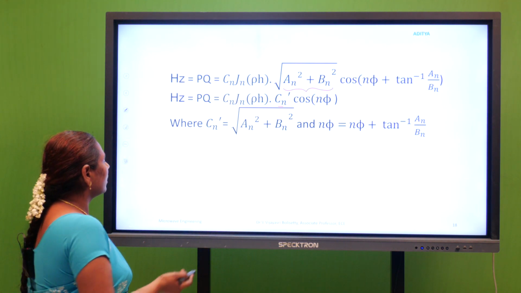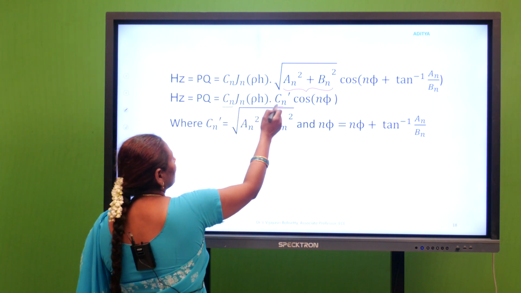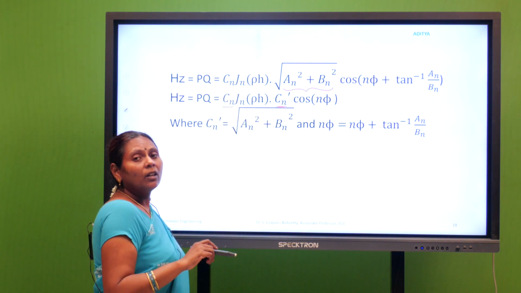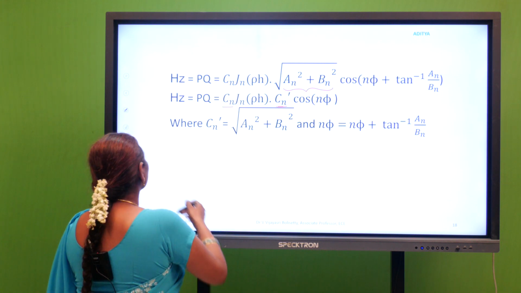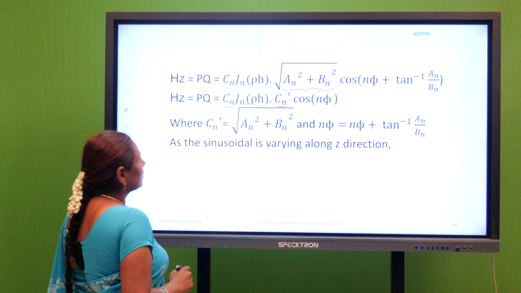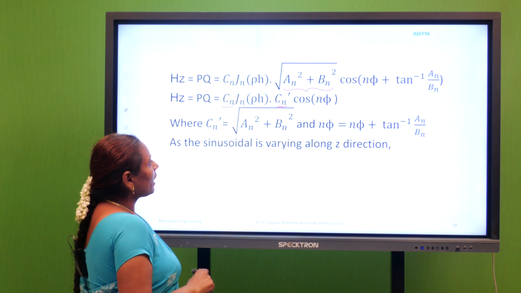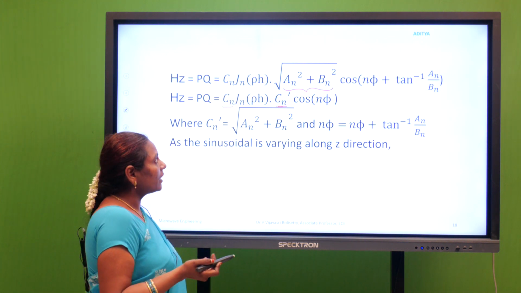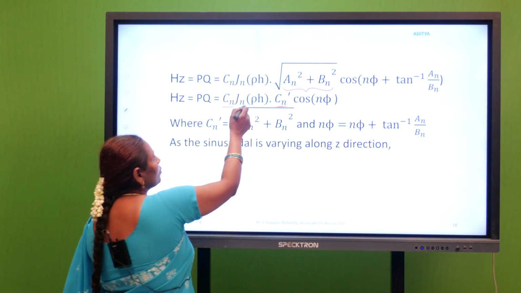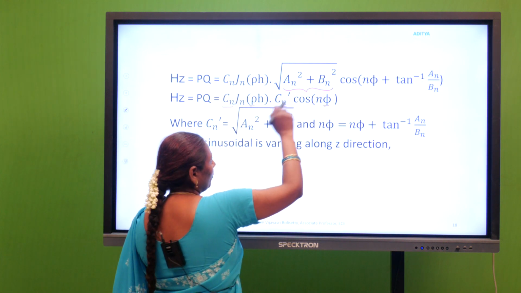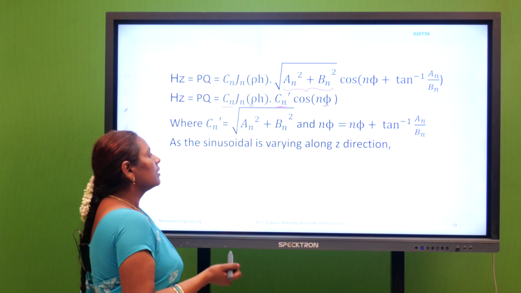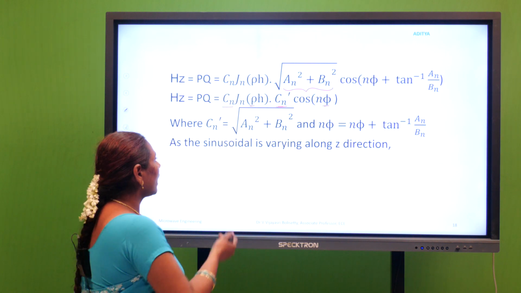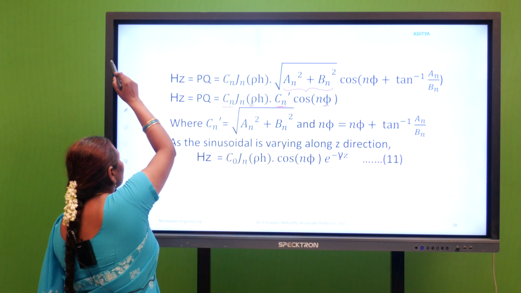So now Hz has some Cn and Cn dash coefficients. Together we can consider them as a single arbitrary constant, C naught. Also, as it is propagating along the z direction, so far we have introduced rho and phi but not the z component. So let us consider e power minus gamma z as it is propagating along the z direction.